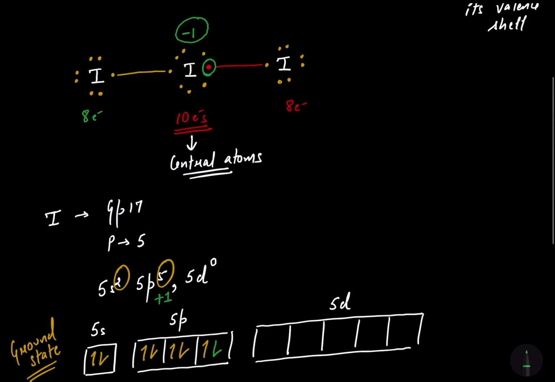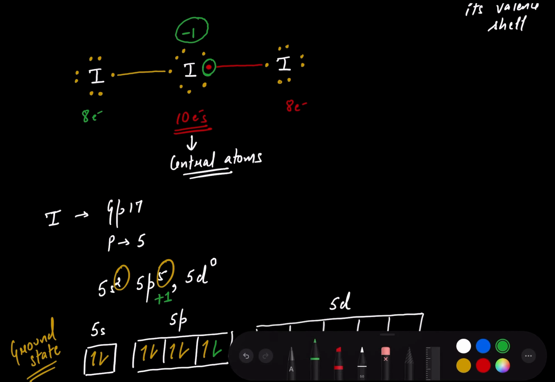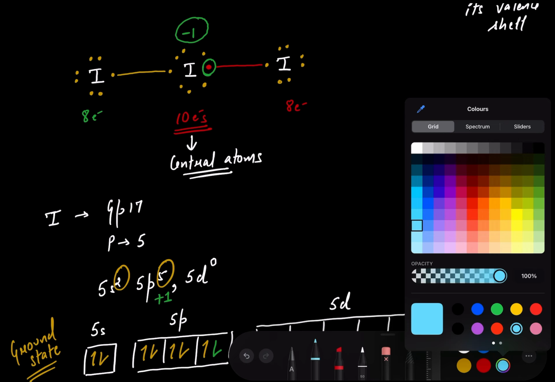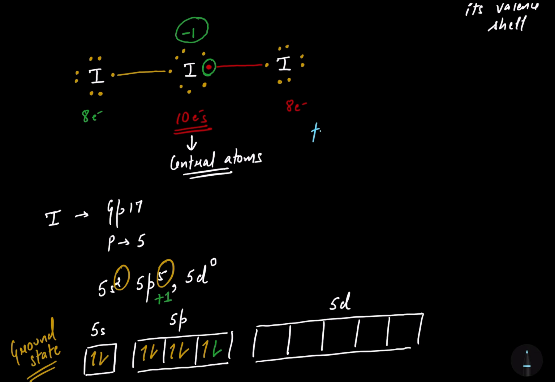Now let's have a look at the Lewis structure. You can easily see that the middle iodine, or central atom, is forming 2 covalent bonds.